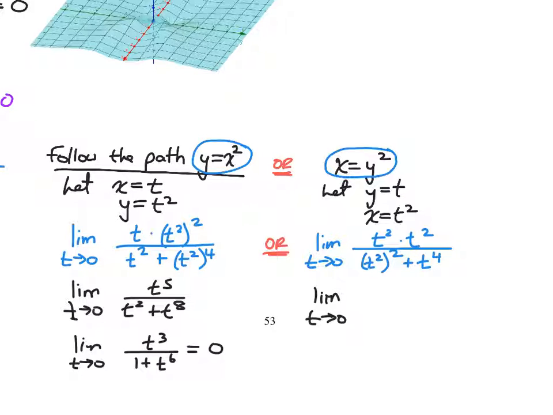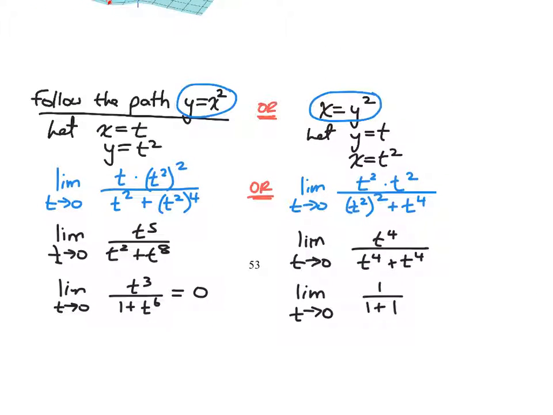Something magical happens. Math magical. You get t to the fourth over t to the fourth plus t to the fourth, which is the same, if I divide everything by t to the fourth, as 1 over 1 plus 1, which is the limit as t approaches 0 of 1/2, which is 1/2.